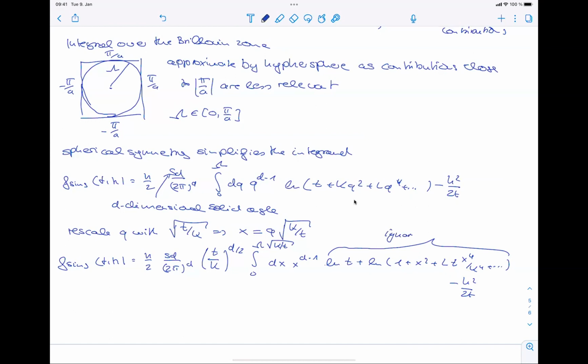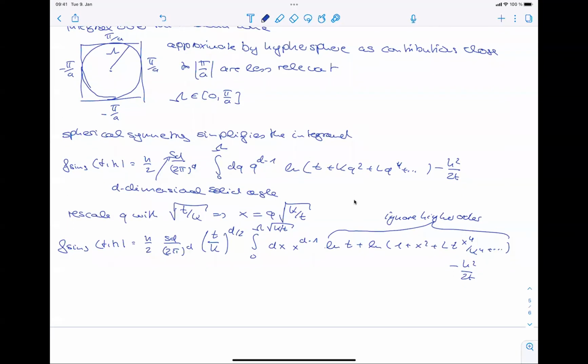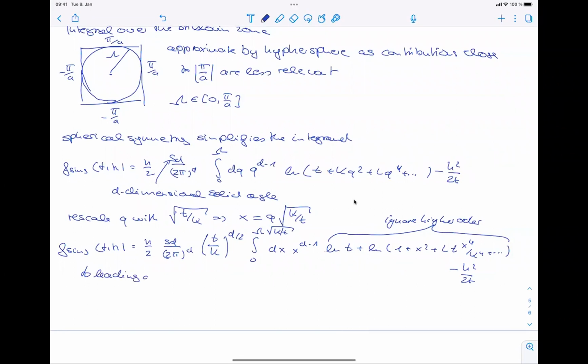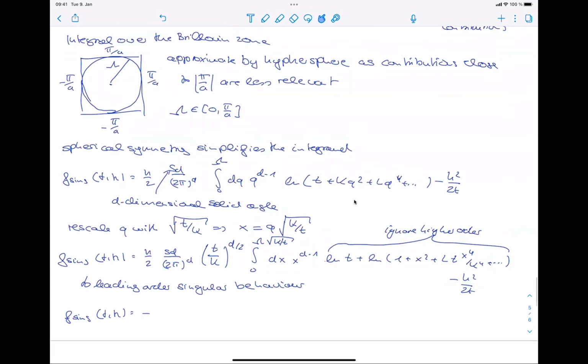So we here now ignore the higher order dynamics, which means that the behavior is actually governed by the impact of the field, and to leading order the singular behavior is, and that's again the choice of this scaling, we get t to the power of d minus, subsuming the first term as a constant, plus the second term, the applied field, which gives, due to the integration, 2t to the 1 plus d over 2.